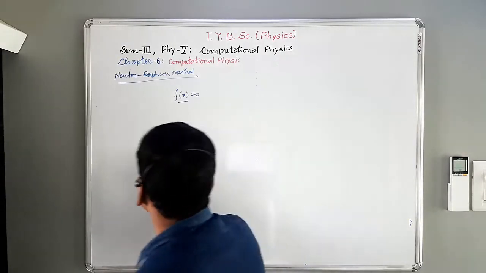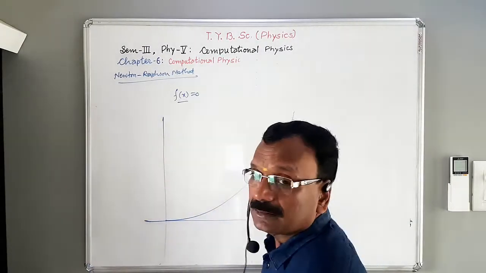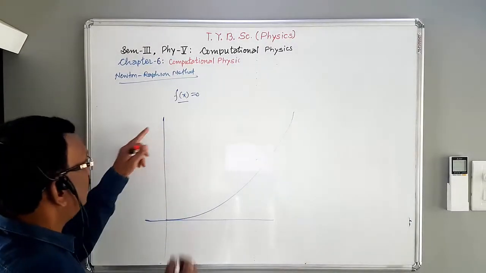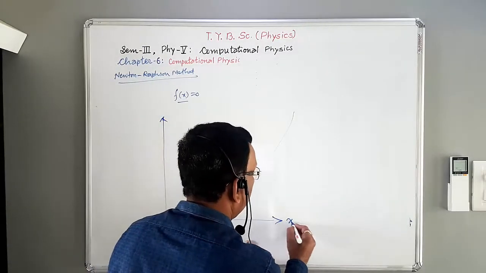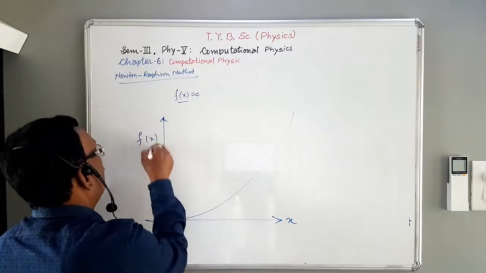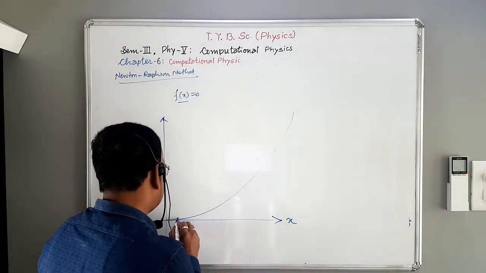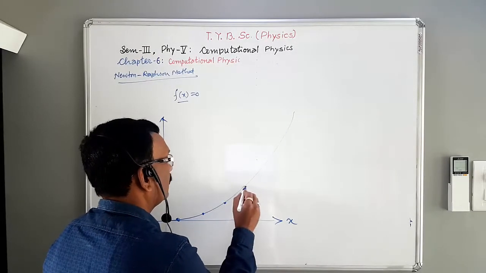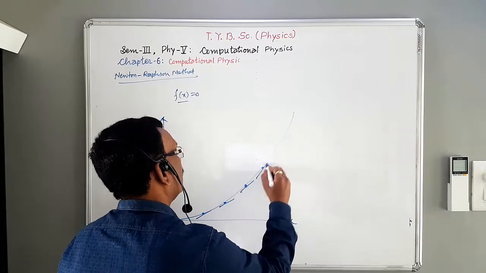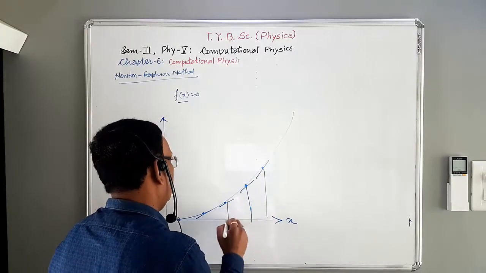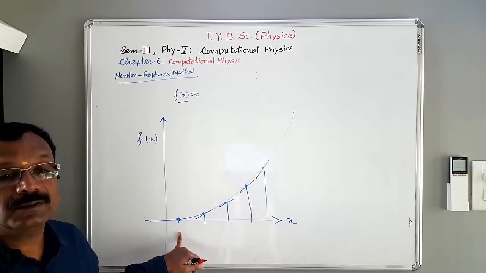Okay. That means suppose this graph represents the function, and on the x axis we give the value of x, and this is a continuous and differentiable function. Again we draw the tangent and we find the exact root of the given equation.